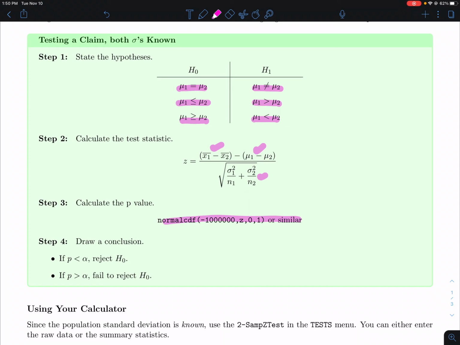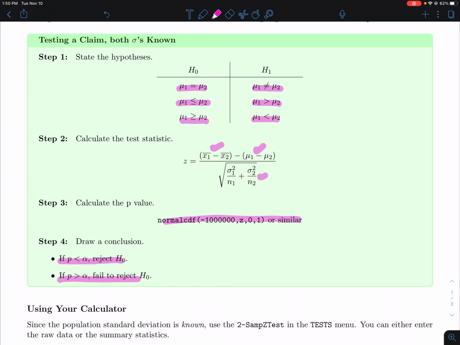So the only way to do this using normal CDF is by using the standard normal in this case, so 0 for the mean and 1 for the standard deviation. We can't use the actual data values themselves. And then our draw a conclusion is going to be exactly the same. If p is less than alpha, we reject H naught. If p is greater than alpha, we fail to reject H naught.